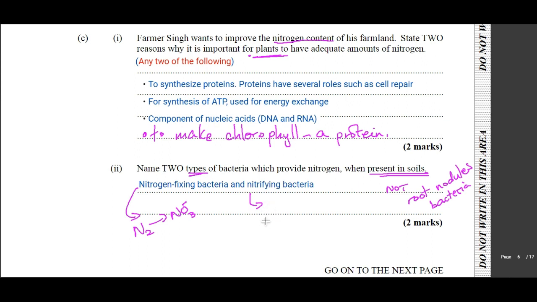And then the nitrifying bacteria are going to convert any other version of this combination of nitrogen and oxygen, for example, nitrites, to your nitrates. Right? There you go. And yeah, so both of them are going to produce your nitrates.